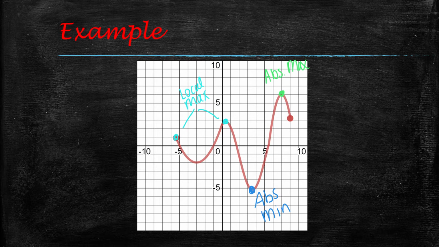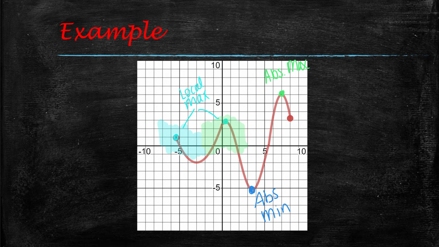So like if I was only looking at this section right here, if I was going to only look from here to here, well then this point right here would be considered a local max. And then if I was only looking from here to here, well, this would be considered a local max. Okay? And so then we also have local minimum.